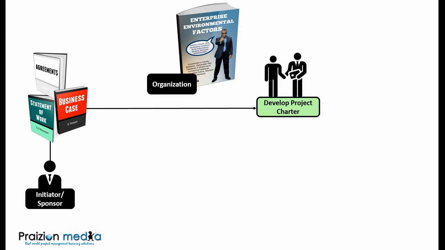Another popular EEF that people often get thrown off by is the PMIS, the Project Management Information System. Let's think about it. The availability of that system, or the lack thereof, could impact how your project is managed. It could impact the decision to carry out the project.